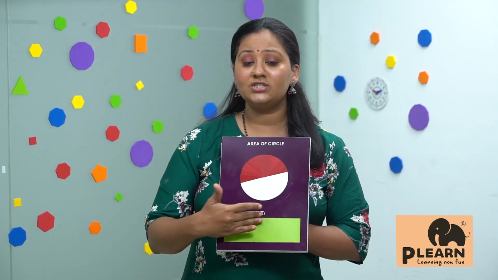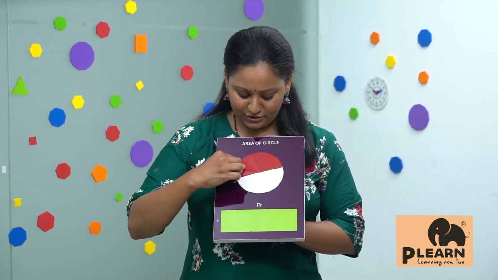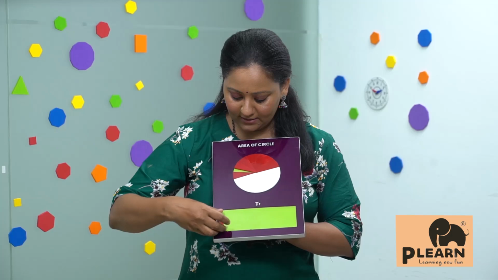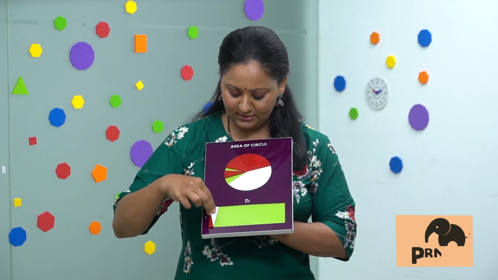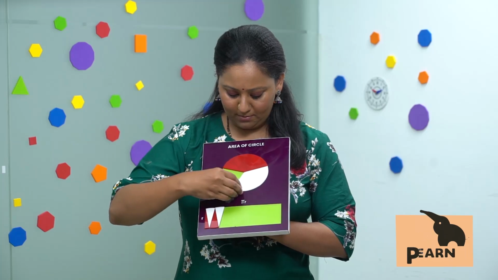Now let's take this circle and rearrange it in such a way that it forms a rectangle. I'll again arrange it for you. So let's take the semicircle like this and let's arrange it to form a rectangle.